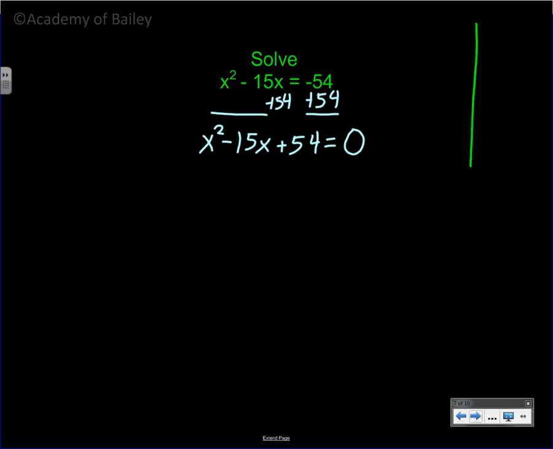Let's make our little table here. This number and 54. So what's 1 times 54? Positive 54. And that number there goes to the right. So what are the numbers that multiply to get 54 that add up to get negative 15?